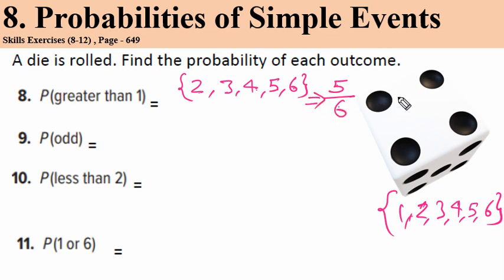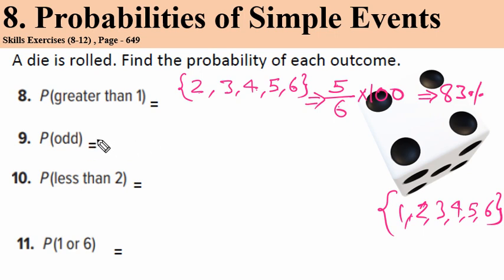If it asks you in terms of percentage, then multiply with 100. So 5 divided by 6 multiplied with 100, you will get 83.33. So your probability is how much? 83 percent. I'm writing the round figure. Probability is 83%.